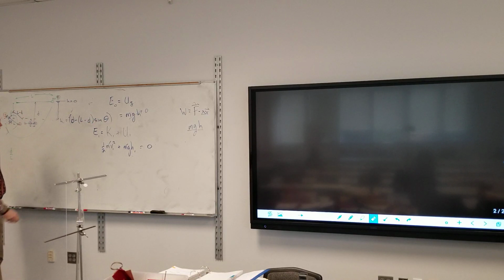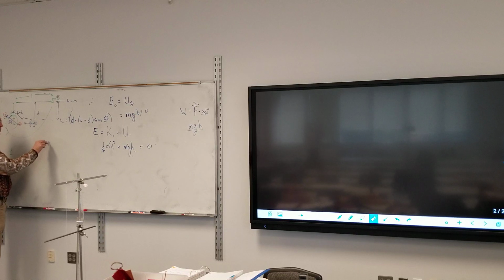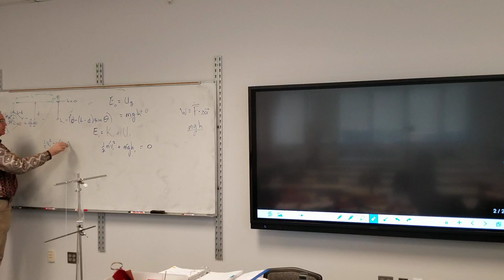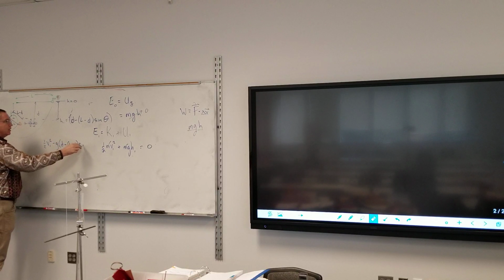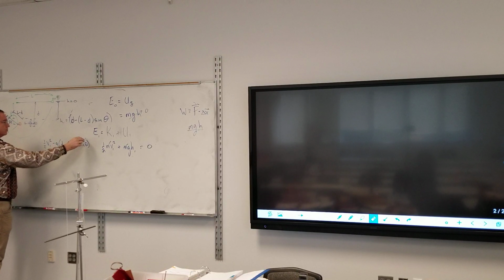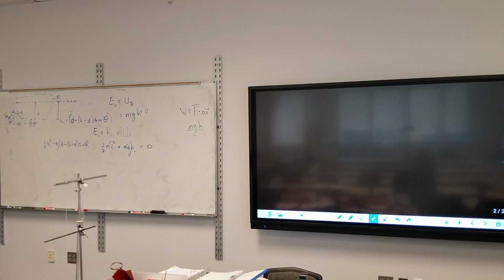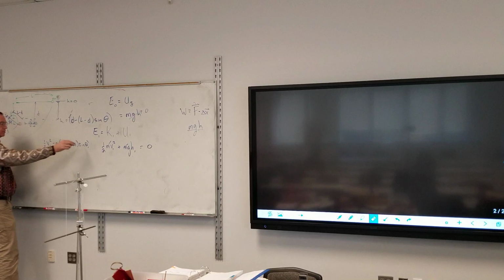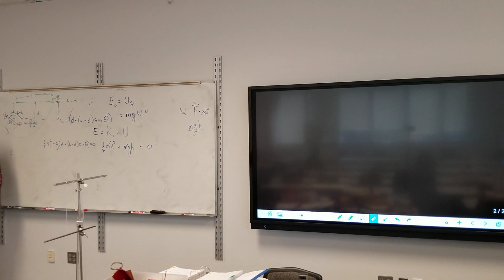So we have 1/2 V1 squared plus negative G times D minus L minus D sine theta equals 0. So for conservation of energy, we've got this formula right here.